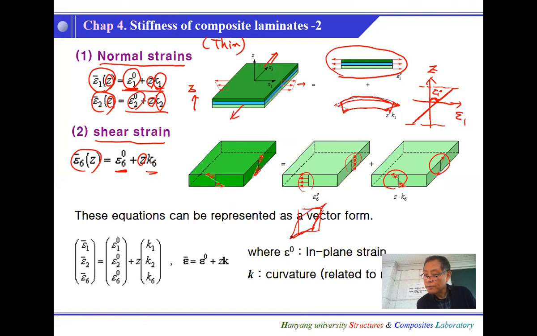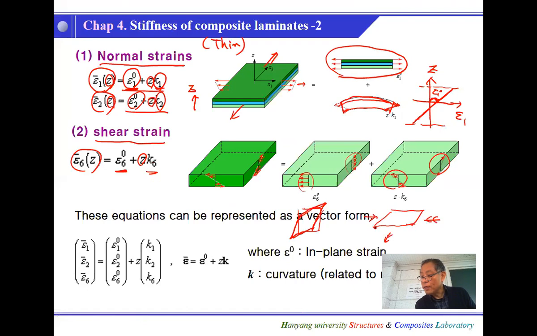Okay, this is the uniform. But how about this one? Well, this one is the twisting. Okay, twisting. So if we have a plate like that, twisting, the way we apply twisting is this way.